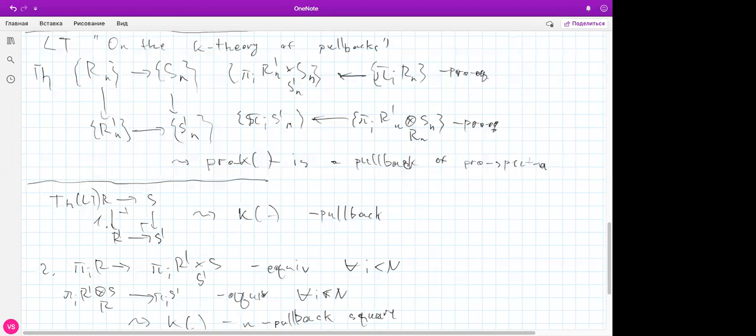It's not the same as saying that this is a pullback square in prospectra, but it would mean that it's an n pullback square for all n in prospectra. That is, if you consider the actual pullback, the map from this part to the pullback will be an n-equivalence for all n. But this is not the same as a pro-equivalence in spectra because the t-structure in prospectra is not Postnikov complete.